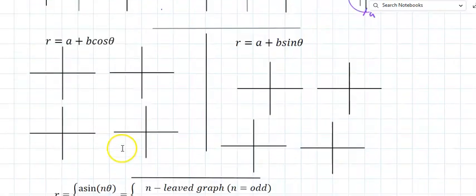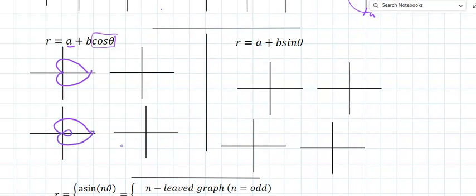Now, if you happen to give it a shift, then again, B is the cosine. B being a cosine, that means the graph is wrapped around the positive x-axis if B is bigger than 0, and if B is less than 0 and that's x, you're wrapping like a heart shape.